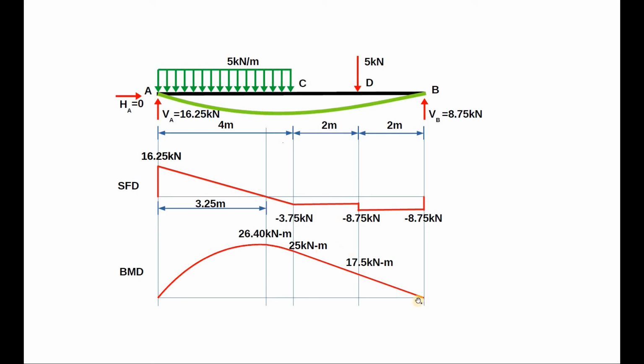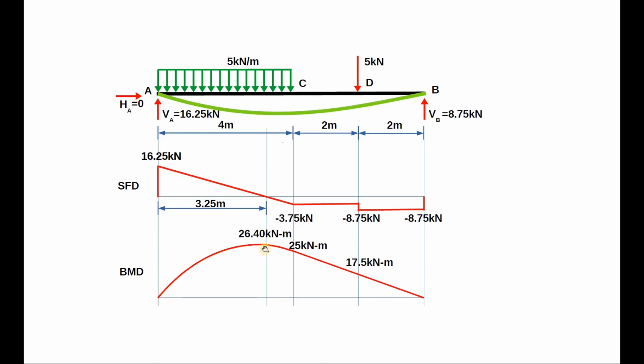Before we move on to the bending moment diagram, we have a point to discuss over here. Notice here that the shear force changes its sign from positive to negative at some point between points A and C. In structural mechanics, the variation of shear force and bending moments are interrelated.